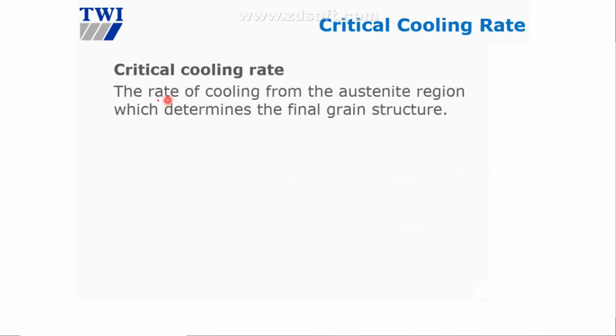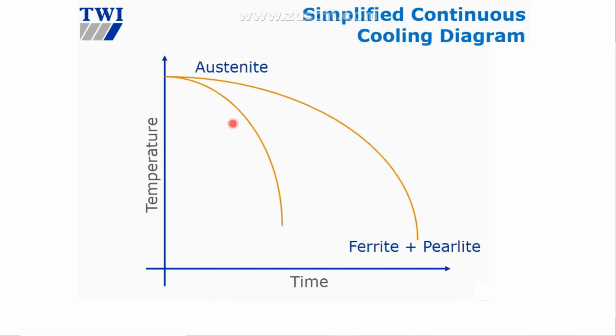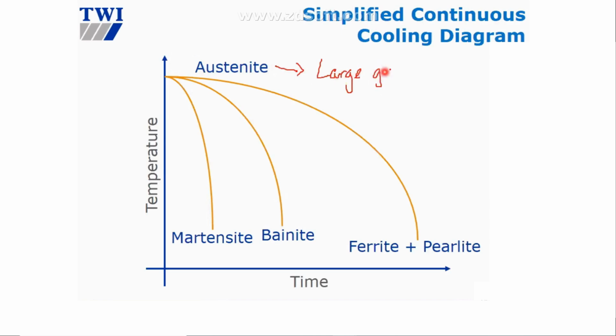So the critical cooling rate, the rate of cooling from the austenite region, determines the final grain structure. For example, austenite, how do we get austenite? Austenite refers to large grain.